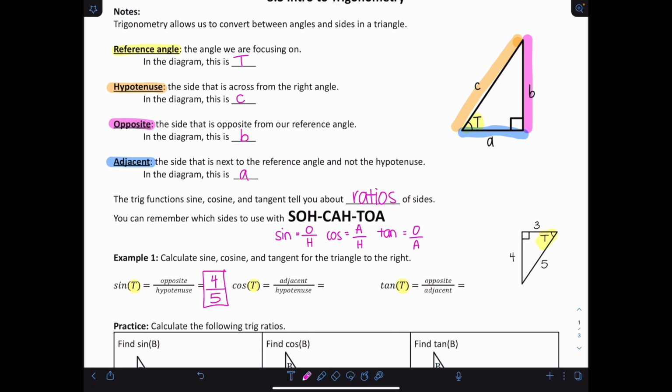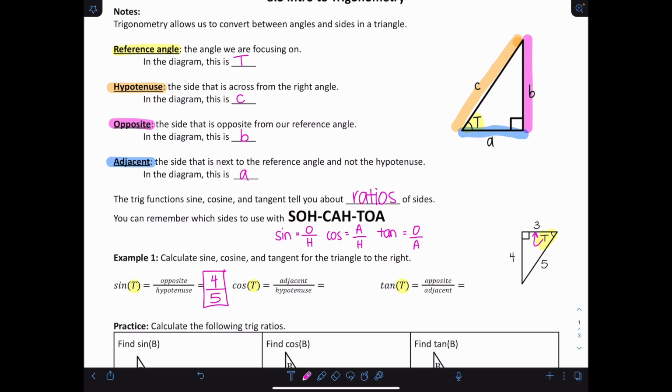If we want the cosine of T, we need the adjacent side over the hypotenuse. So if we look at our definitions, the adjacent side is the one that is next to the reference angle and also not the hypotenuse. So you might think, oh, it's next to T, so maybe it's this side, but that guy's the hypotenuse.